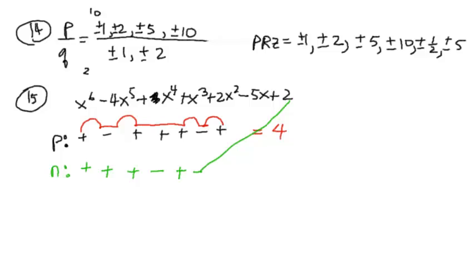And then there is no change in this one because that's a constant, that's positive. So how many sign changes do I have here? Positive, positive, positive. 1, 2, 3, 4.